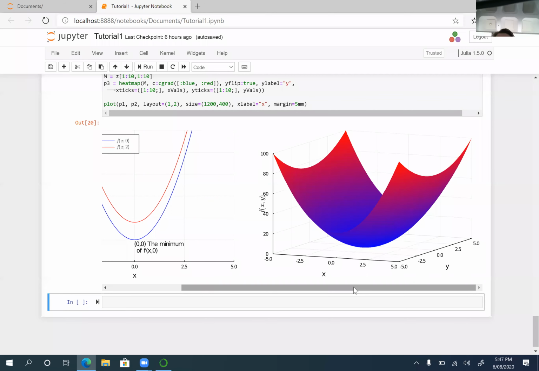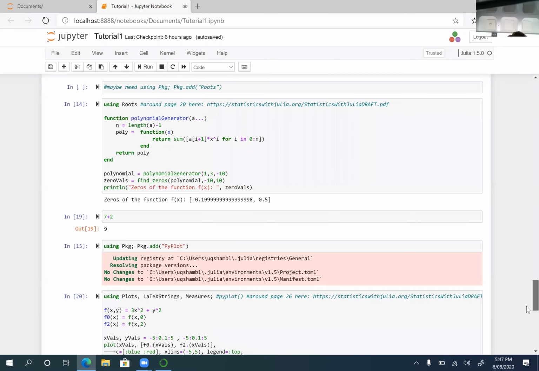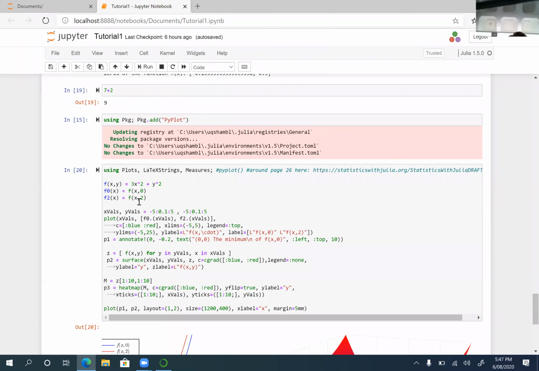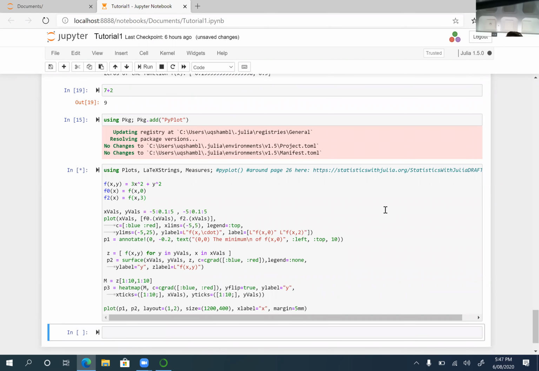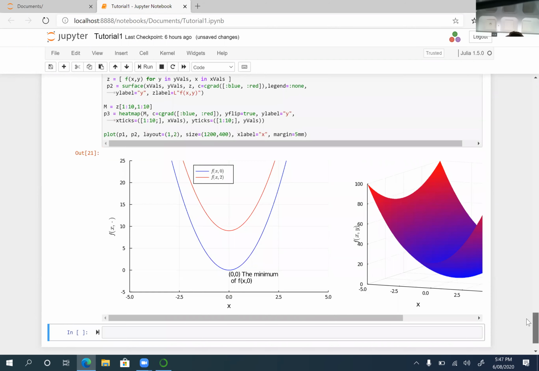As you take vertical slices through the surface, you get those parabolas, and you can change this. Let's try to change this, you can enter your own. So let's take f of 3. Run that again. Okay, and now you can see there's a little bit more of a gap between those two.